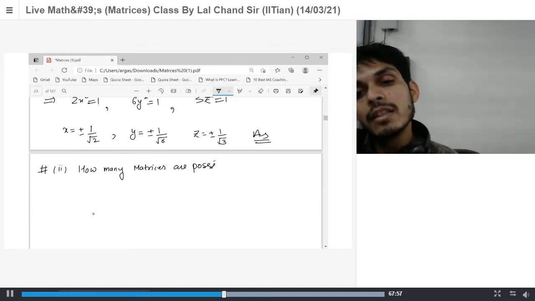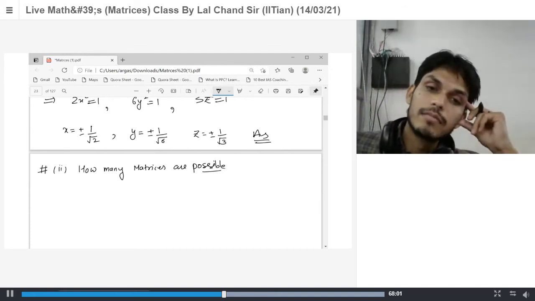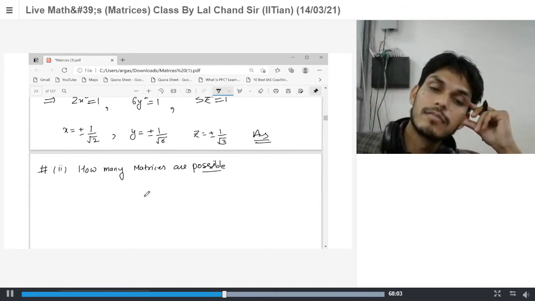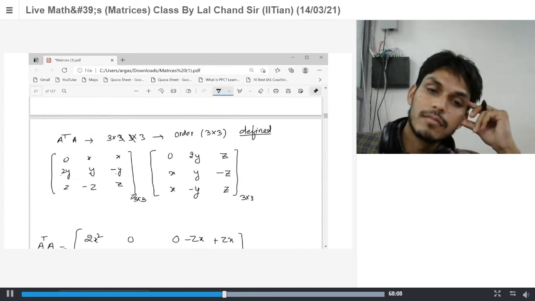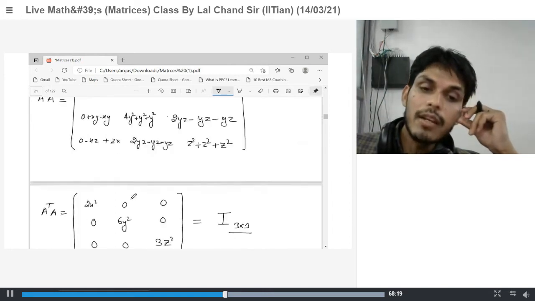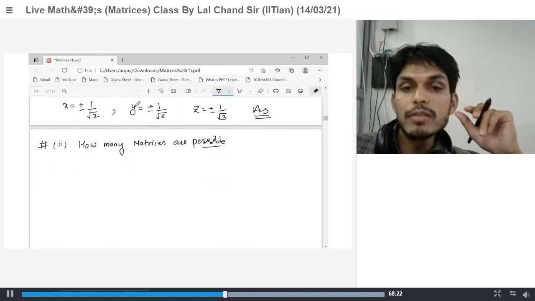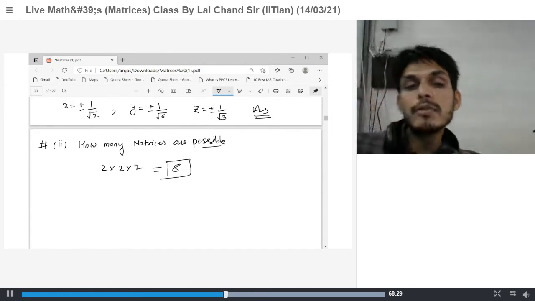Use a little bit of PNC, permutation and combination. So basically we have three unknowns x, y, z, and we have two possible values for each. So we can say 2 cross 2 cross 2. So basically 8 different matrices are possible.